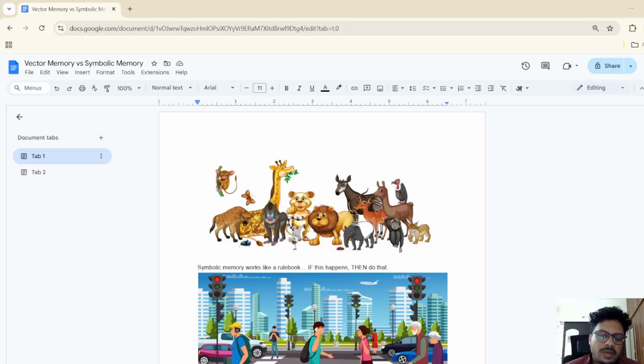As we said, by seeing the structure of the animal, we can easily remember the name of the animal. That is a kind of symbol. Rules also, like the red light and green light, by seeing that we step ahead or we stop.